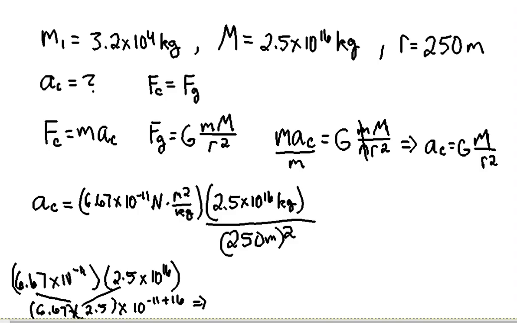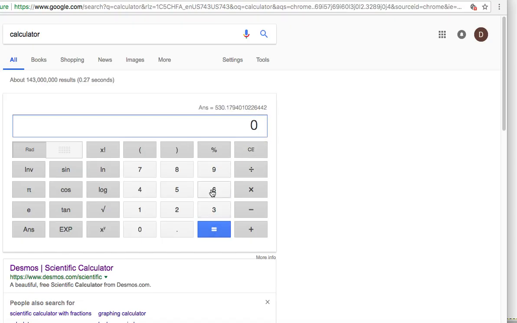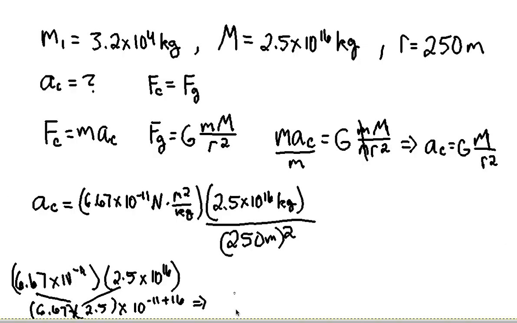All right, so 6.67 times 2.5 equals 16.675, times 10 to the negative 11 plus 16, which is going to be equal to 5. So we're going to move our decimal place over 5 times. We got 16,675, with 2 left over, 0, 0.